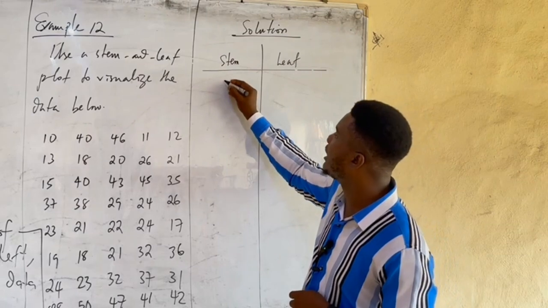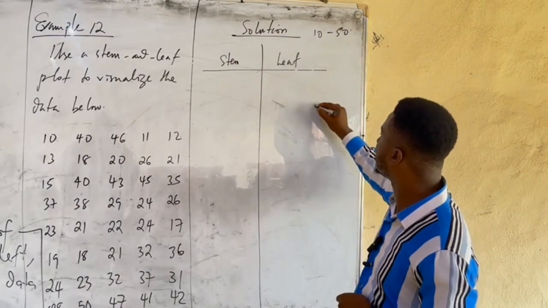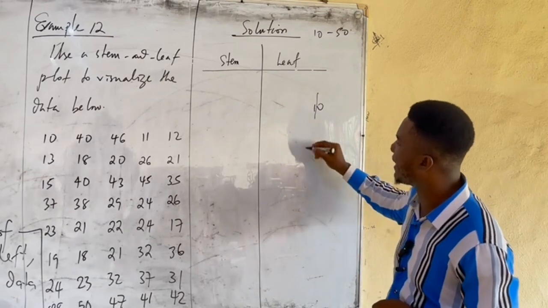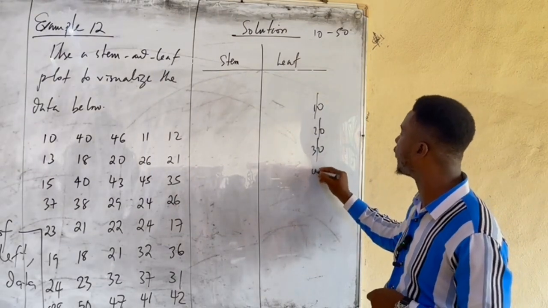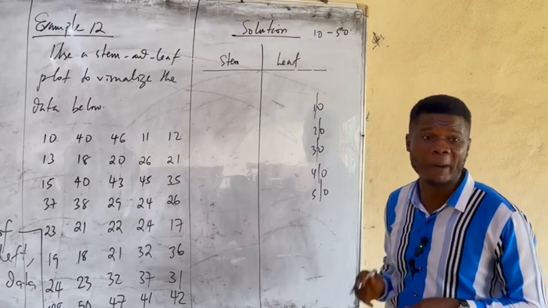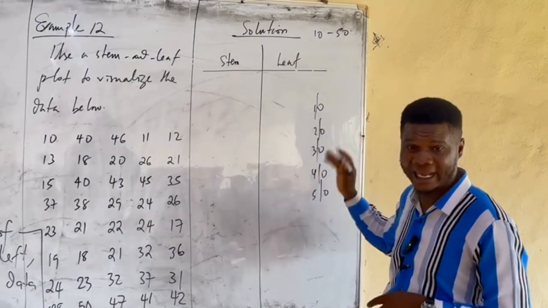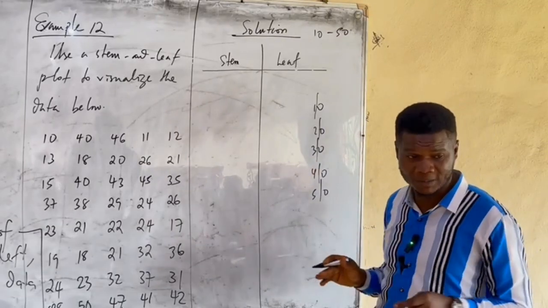My data runs from 10 to 50. If you look at it from 10 to 50, I can split 10 into two parts, 20 into two parts, 30 into two parts, 40 into two parts, 50 into two parts. Any number in the tens, I can split it into two. Any number in the 20s, I can split it into two.